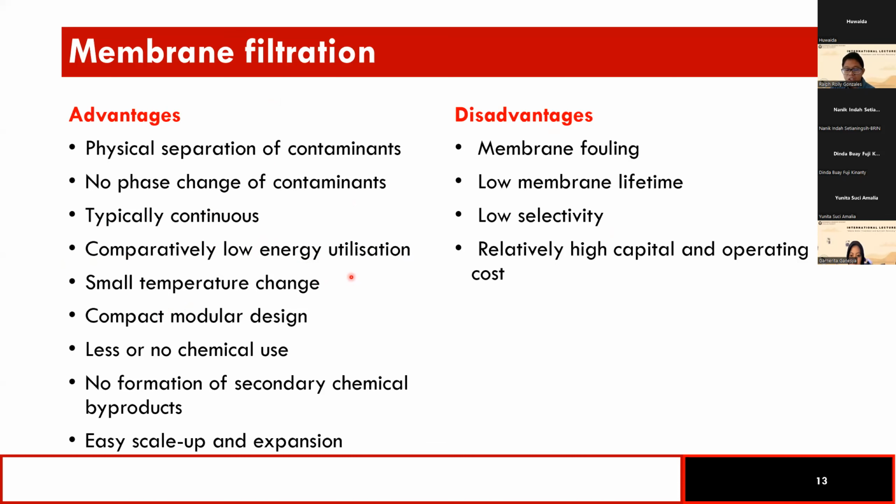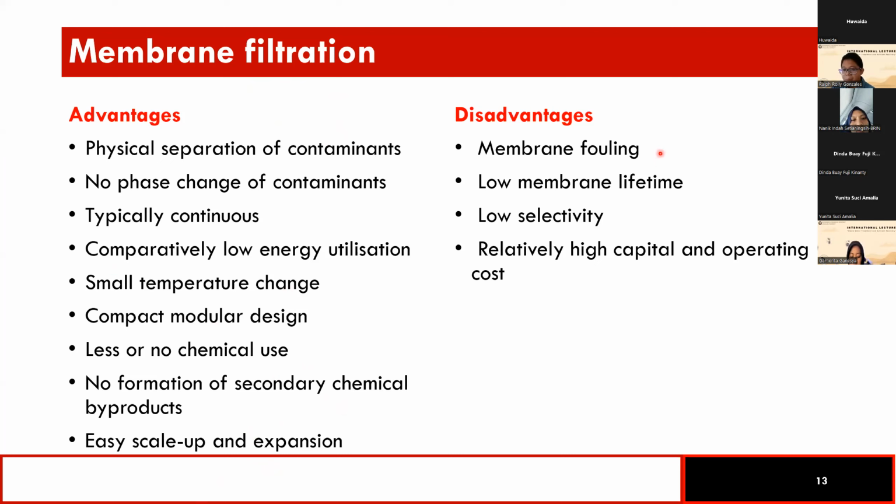Membrane filtration also has compact modular design, less or no chemical use, and there is no formation of secondary chemical byproducts. And ultimately, this process can be easily scaled up and expanded for a wider scale application. This process also has disadvantages, definitely.